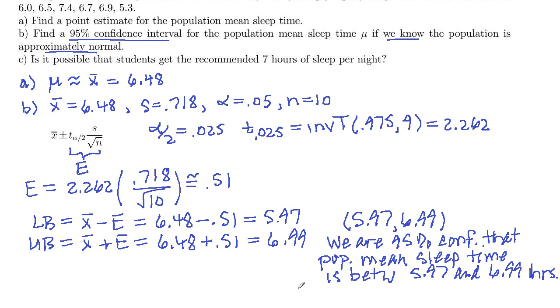So that means if we took repeated samples of size 10, that 95% of those samples would contain the true population mean. This is one of those samples.